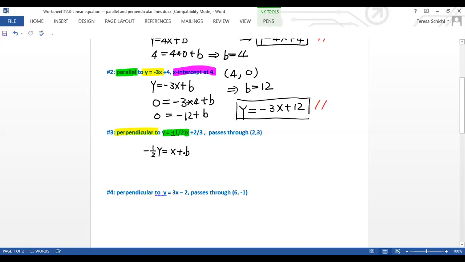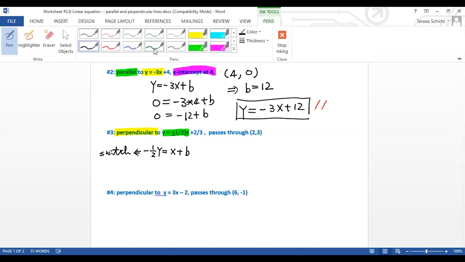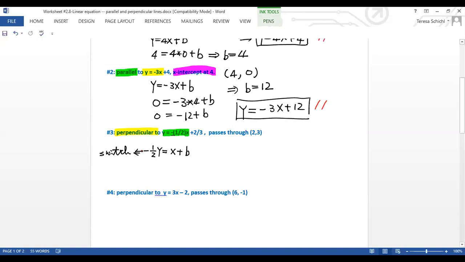Don't forget, this is the key part: after you switch the constants, you need to add a negative sign, either in front of x or in front of y. It does not matter. Here, I'm going to add the negative sign in front of the y.